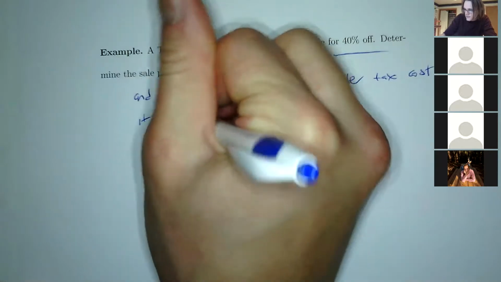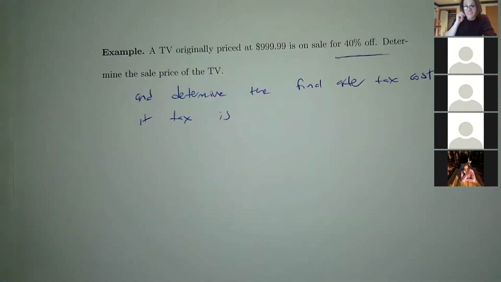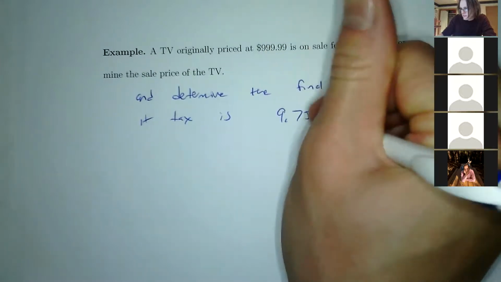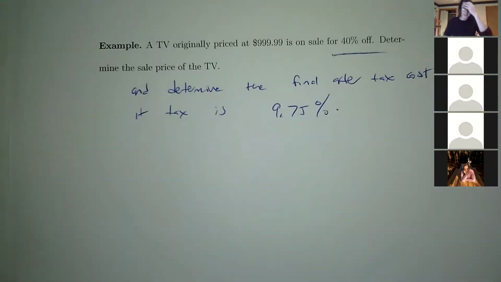If tax is, I don't know, we'll change it up. We'll say 9.75%. Maybe we're in California or something. I feel like they have high taxes, right? That's what people think. All right, so the first thing we need to do is take this 40% off the TV because that's done before taxes, right? So basically you just cut off the 40% and we're good.